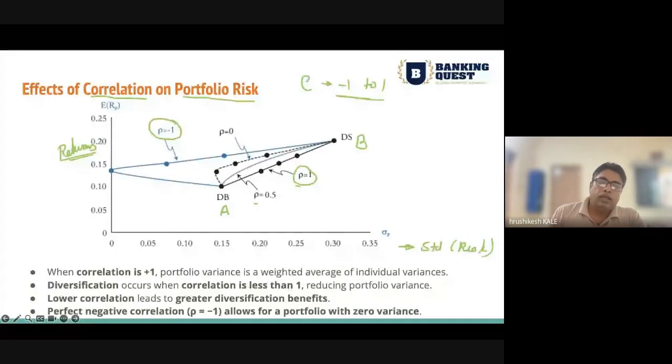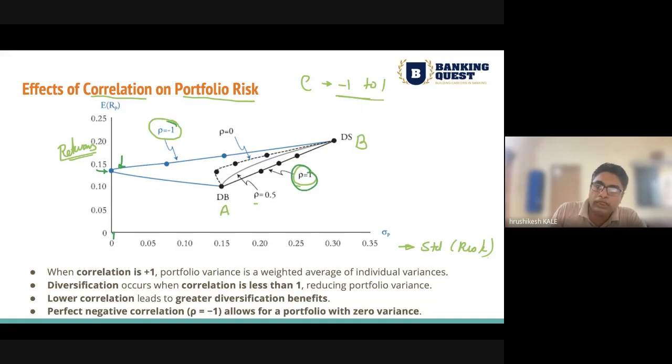I'm again going back to my PPT, and here in this PPT, we all can see with -1, I have shown you, or we have calculated this, wherein at no risk, you are getting almost 14% return when the correlation is -1. When the correlation is +1, you are not getting any benefit of risk.